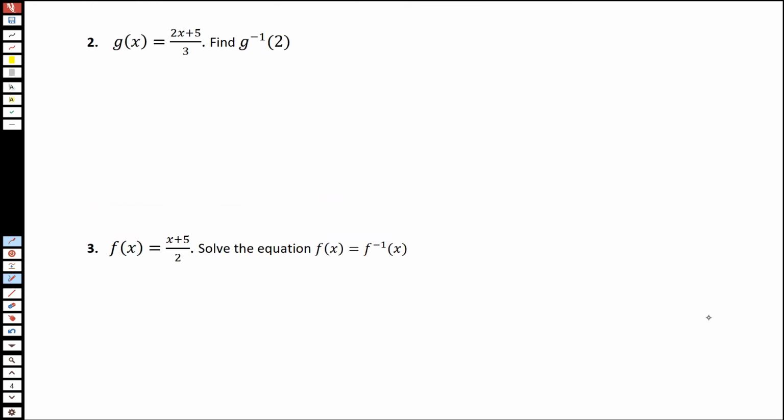Number 2. Here we have an original function, and we are expected to find the value of its inverse at x equals 2. The first step is we change g of x to y. So we'll have y is equal to 2x plus 5 over 3. And then we interchange x and y.